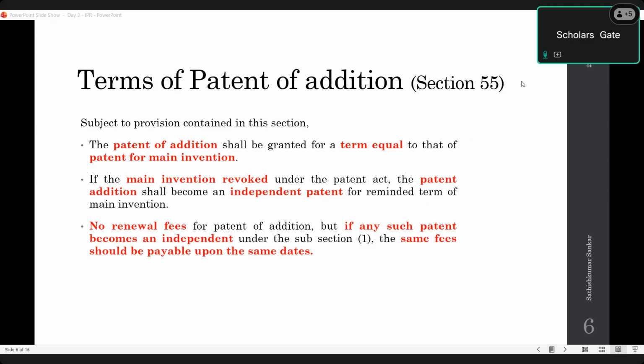That time, whatever fees the patentee paid for the main invention, they should pay the same fees for that particular independent patent. When it is under the patent addition, there are no renewal fees. But once the patent is independent, the patentee should pay the renewal fees as per the protocol under section 55.